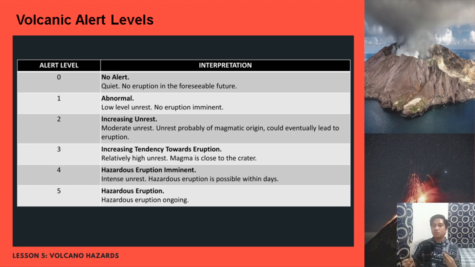And then, of course, we have your level 5, which is your hazardous eruption. Nagalupok-lupok, naging siya. May ginaluad, naging siya adamo. So this can expel your gases, your lahars, or the other forms of your volcanic hazards. Okay? So try to study your volcanic alert levels as well. Clear?